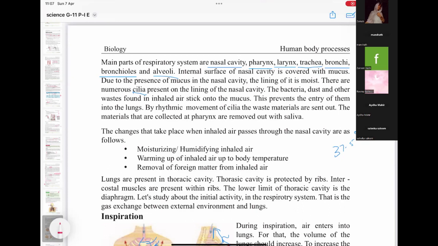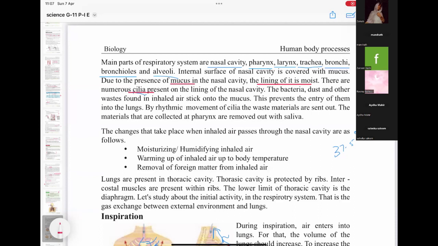Since there is mucus, the lining is moist and there are cilia in your nasal cavity. So whenever there are bacteria, dust, and other waste materials in the air, they will get stuck onto the mucus. That helps to prevent their entry into your lungs.